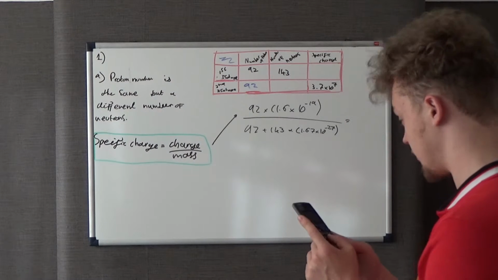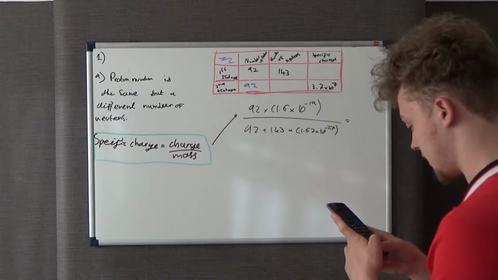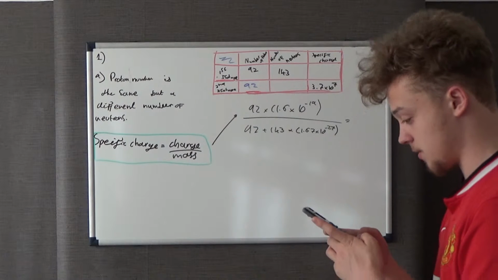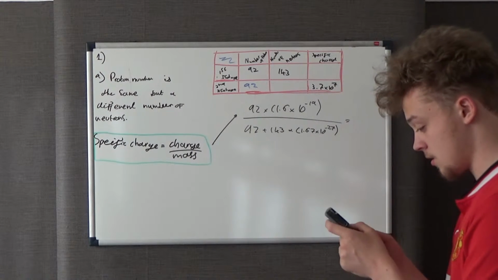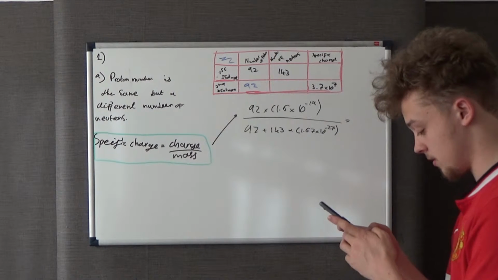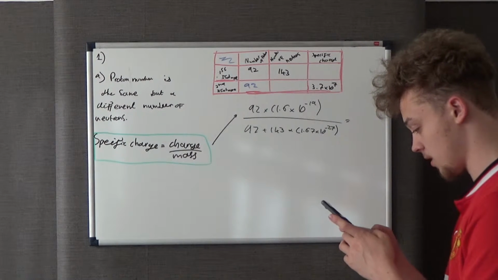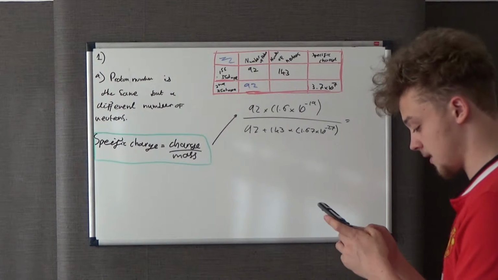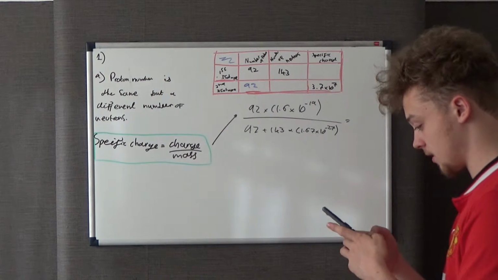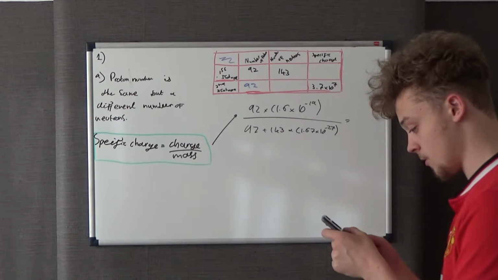So 92 times 1.6 times 10 to the minus 19, over 92 plus 143, times 1.67 times 10 to the minus 27.